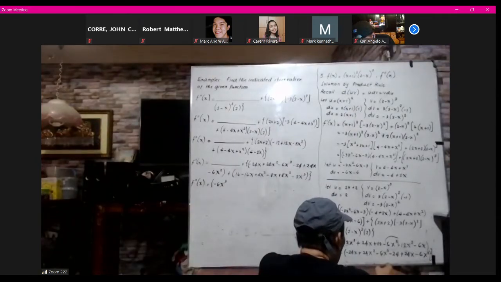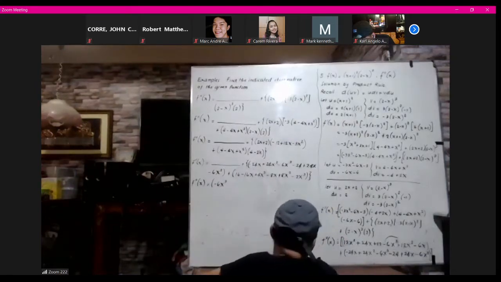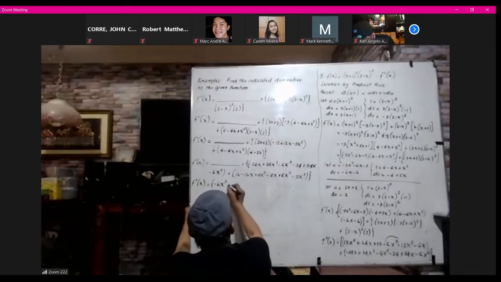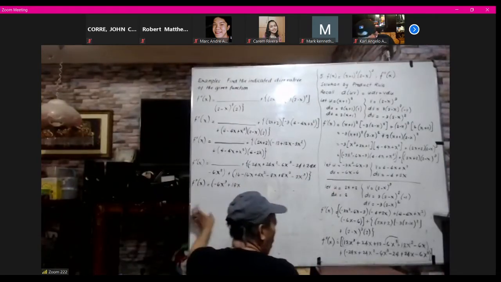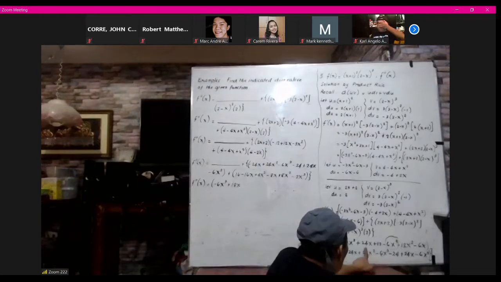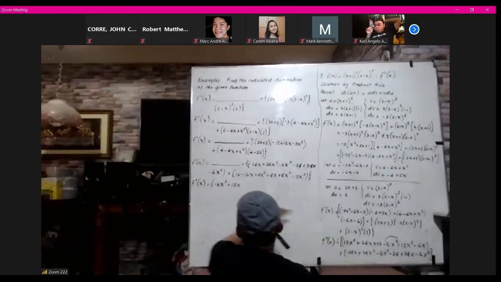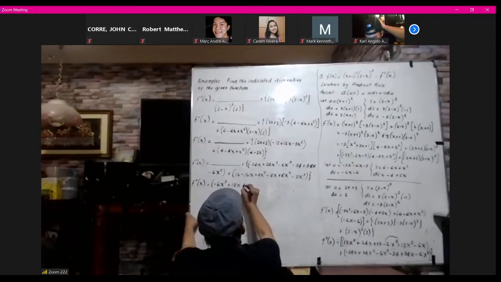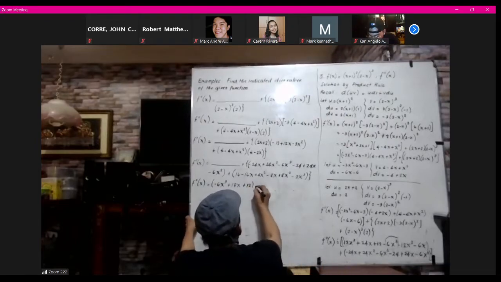Next, sumunod, 24x minus 6x equals 18x. Okay, plus 18x. Then, 12. Okay, positive 12, wala nang ano doon, wala nang value. Ito, sandali. 24x minus 6x, so 18x, then plus 12. Okay, so, isa yan, then plus.